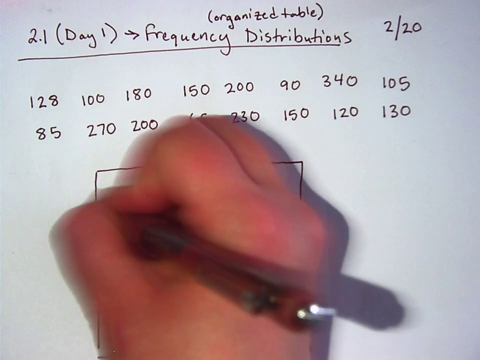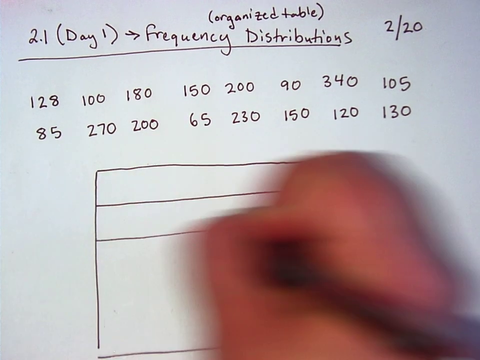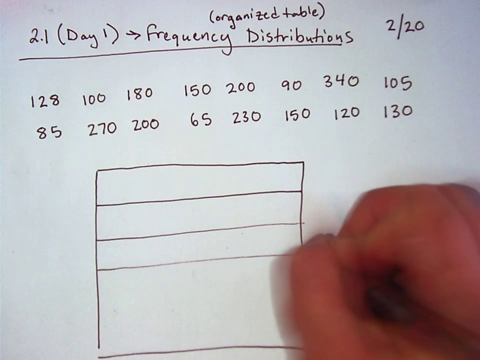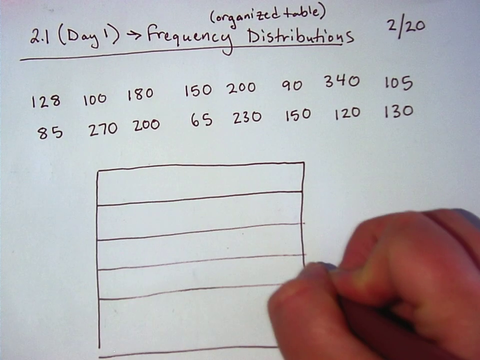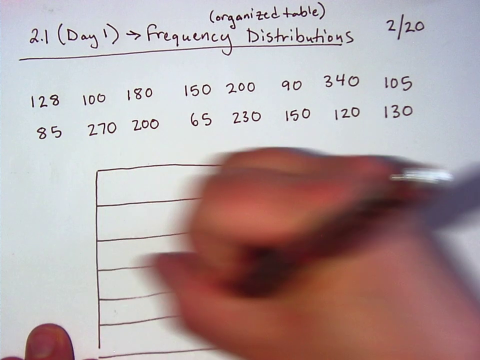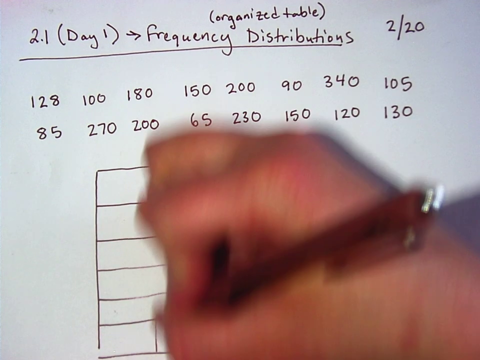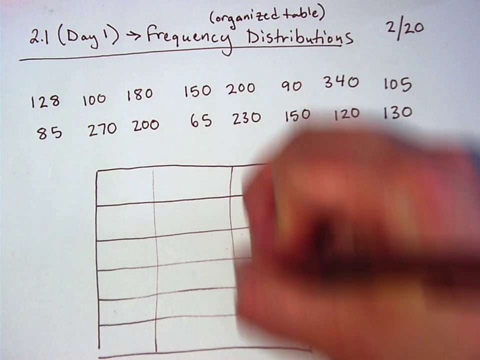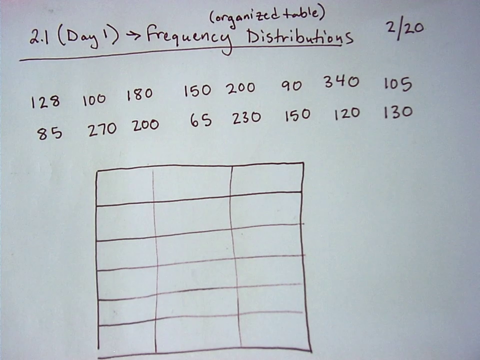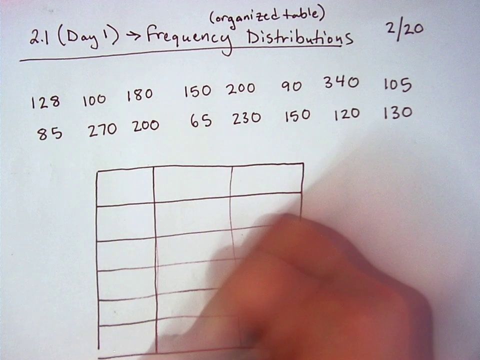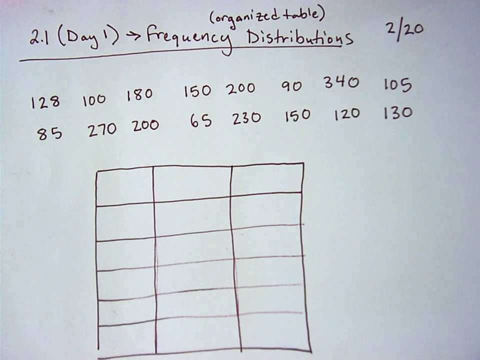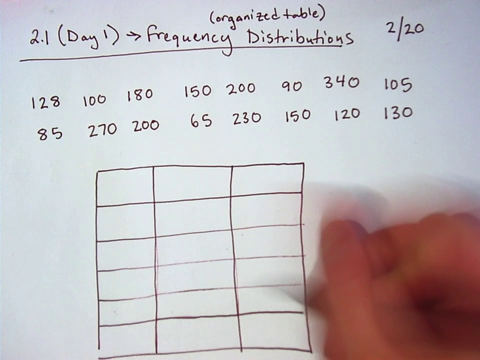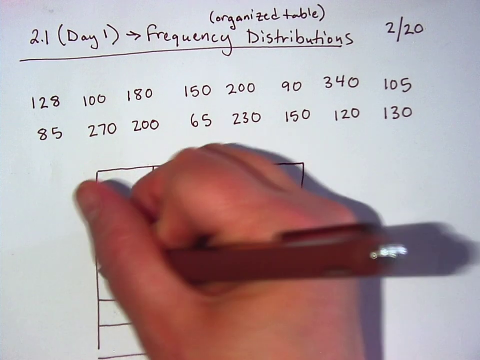All right, we're going to make a table that has 6 rows and 3 columns. Sorry, my pen kind of died mid-column.